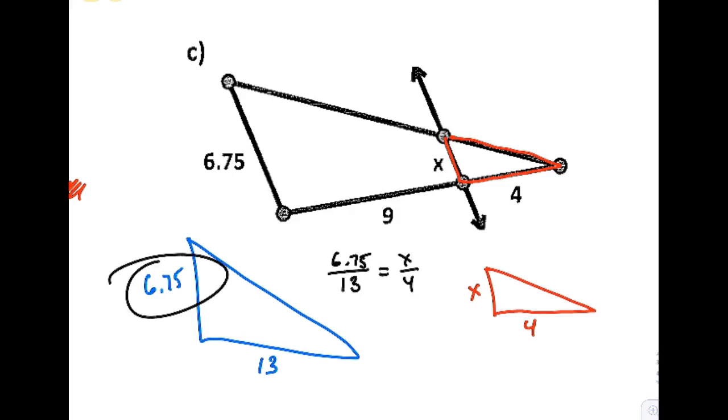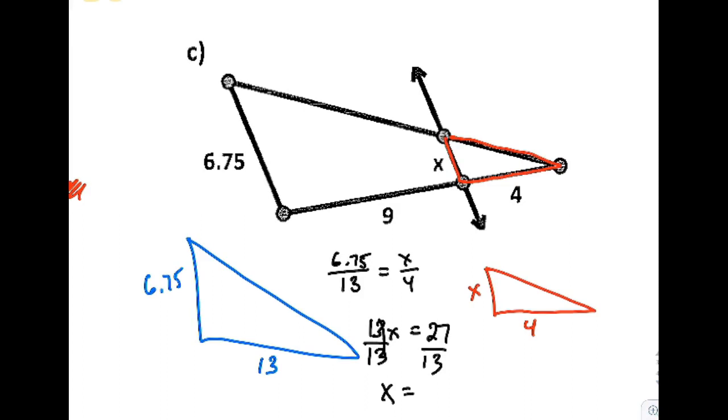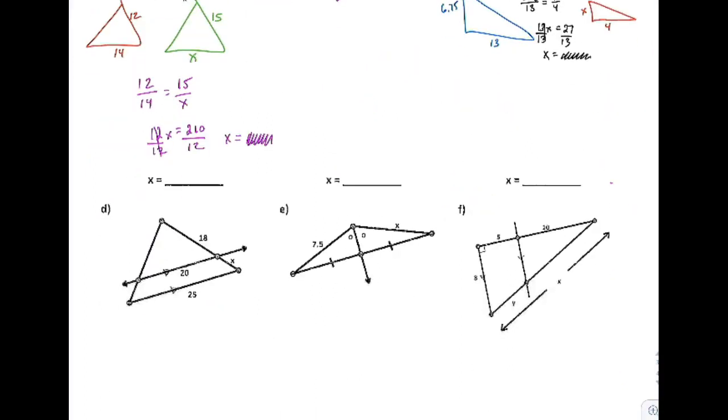You could also go 6.75 over x equals 13 over 4. Either way, when you cross multiply, it will be the same. So we have 13x equals 27, and when you divide both sides by 13, you do get a funky number here. It is 2.07 or 2.08 if you round it off to the nearest hundredth, so however you rounded that off, don't be surprised, it is a wacky number.